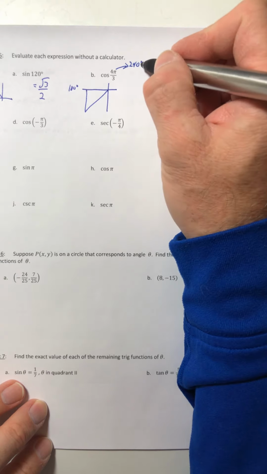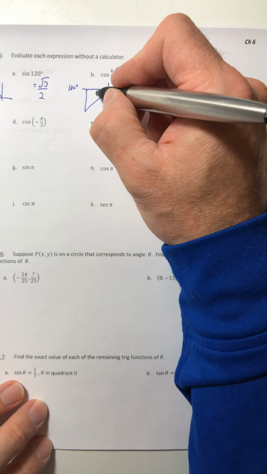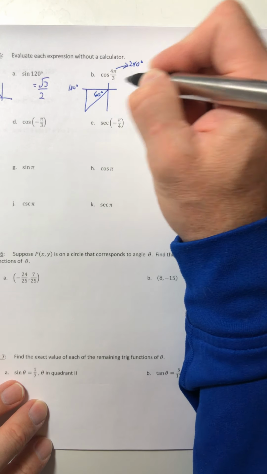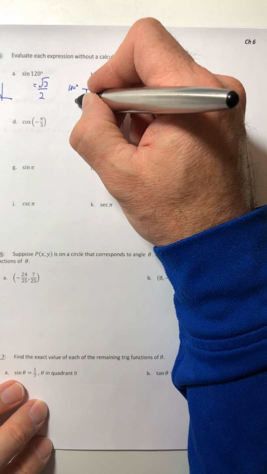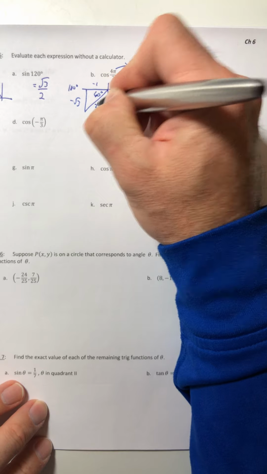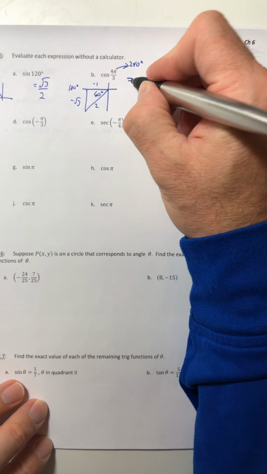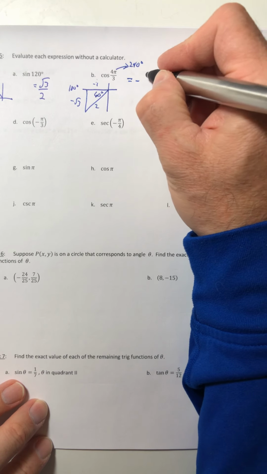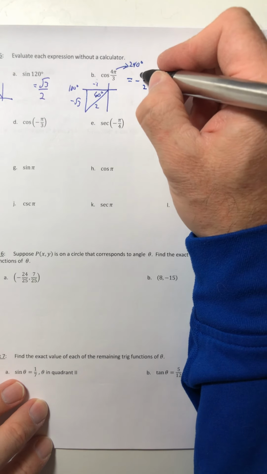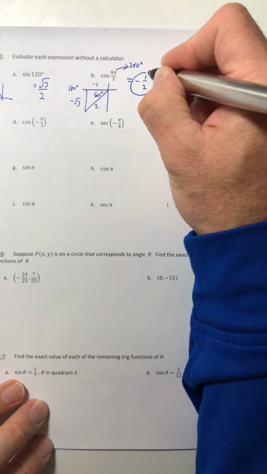Just subtract 240 minus 180 to give you the angle that's inside, so that's the 60. Okay, so cosine is adjacent over hypotenuse, so a negative 1/2. That would be your answer.